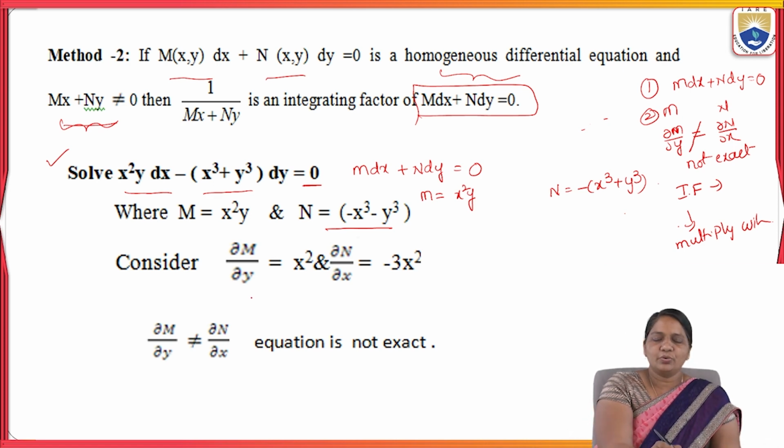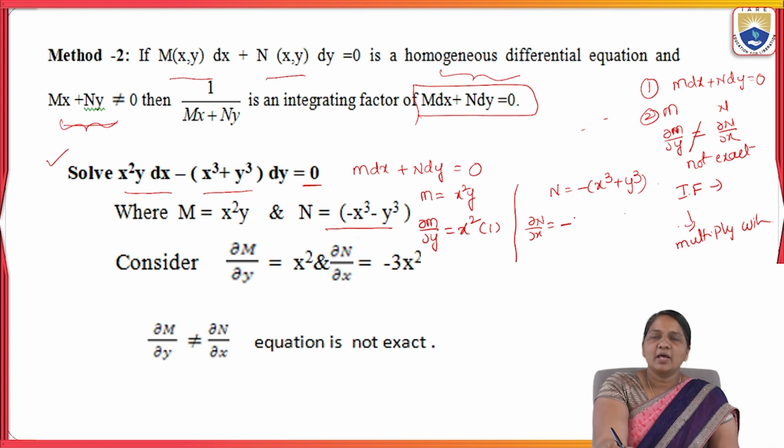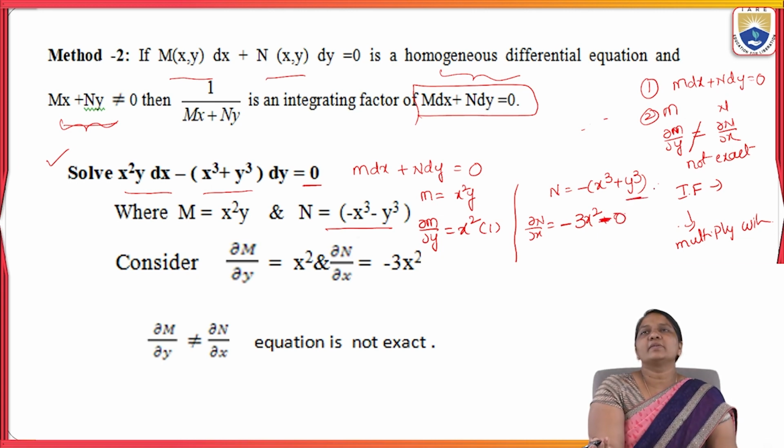So we calculate dou M by dou y. Here I am doing partial differentiation with respect to y. That means x square, x is the constant, y derivative is 1. And dou N by dou x, with respect to x I am doing, so minus derivative of x cube is 3x square, plus here minus 0 because y is the constant.